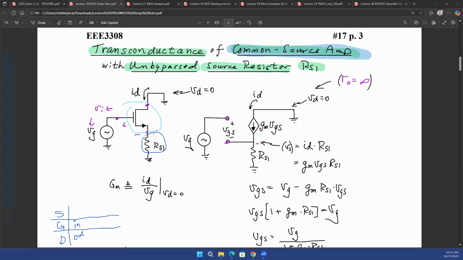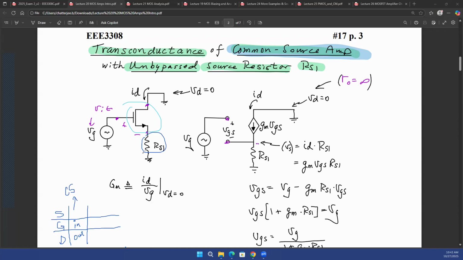Even though the source terminal is not grounded, it is kind of a common terminal, because the drain to source voltage, VDS, is the output voltage, and let's say the gate to source voltage is the input voltage. So this configuration is going to be called the common source configuration, because your input is at the gate, your output is at the drain, and the source terminal can be considered as the common terminal.